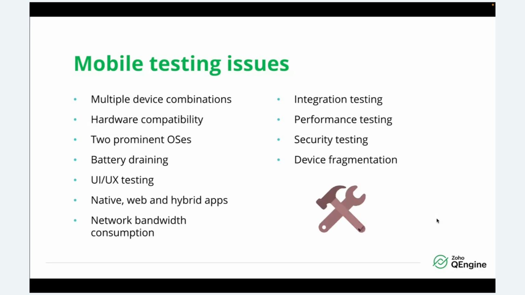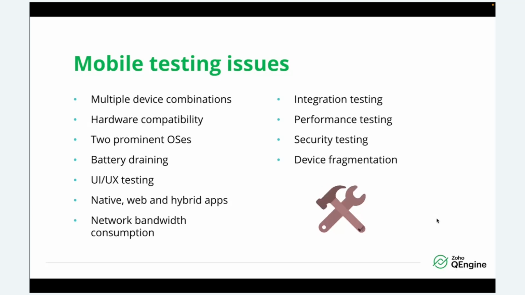And finally, the most important of all is device fragmentation. What happens is you cannot assume that everyone is using the same operating system or the same version of the operating system. Let it be Android or iOS, there are multiple people who are still using an older operating system or are on older devices altogether.